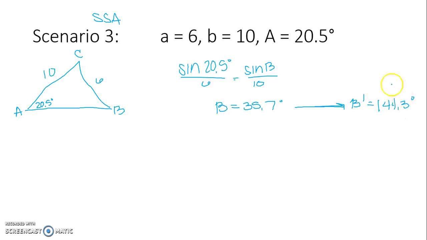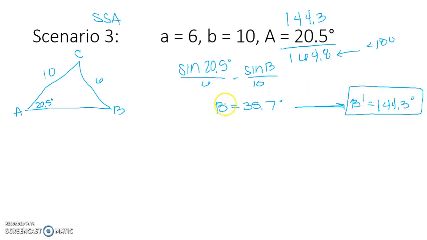So I take that 144.3, I add it to the angle that I already knew, and I get 164.8. That itself is less than 180, which means that I could have an angle that's 20.5, an angle that's 144.3, and I would still have room for a third angle. So this is going to be a second triangle. I'm going to have B prime, C prime, all that over there.